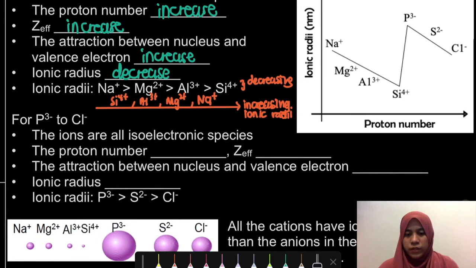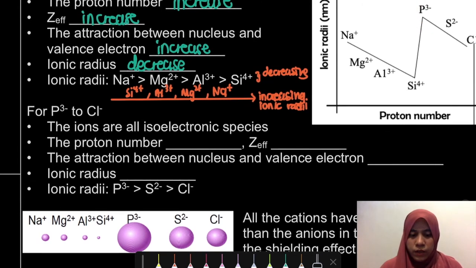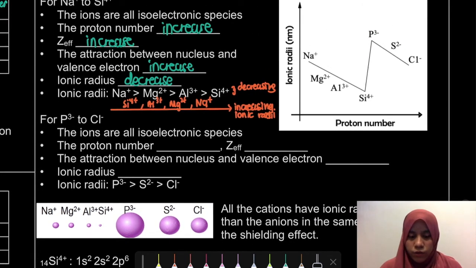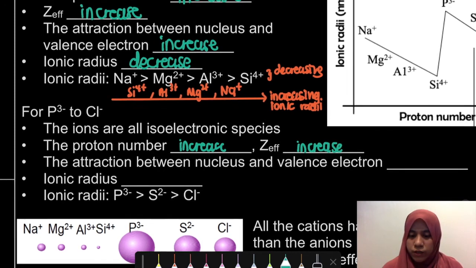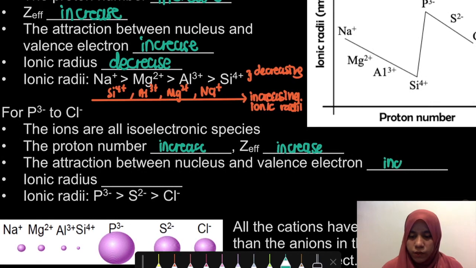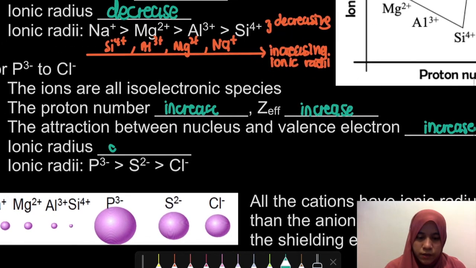So, right now, we look at our P3-, our phosphorus to our chlorine. Okay, so it is the same from here. What happened is that from our phosphorus to our chlorine, the proton number increases. So ZF increases. Okay, so the attraction between the nucleus and valence electron also increases. So ionic radii decrease.